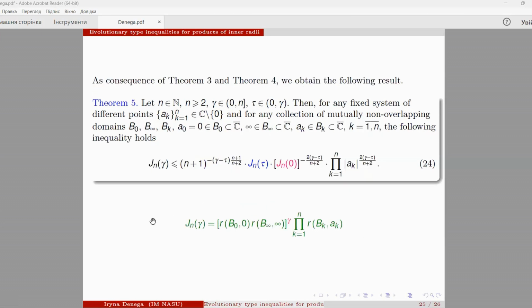And as consequences of theorem 3 and theorem 4, we obtain the following result for the functional J_n of gamma. Theorem 5. Let n be a natural number, n greater than or equals gamma, gamma from the interval (0, n) and tau from the interval (0, gamma).